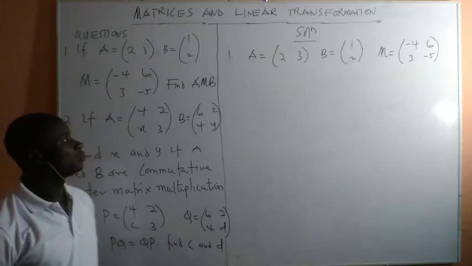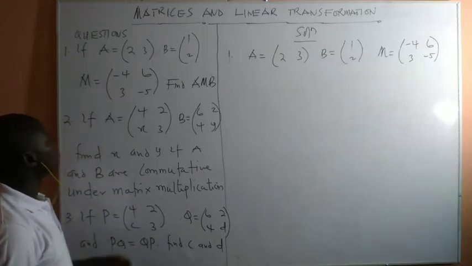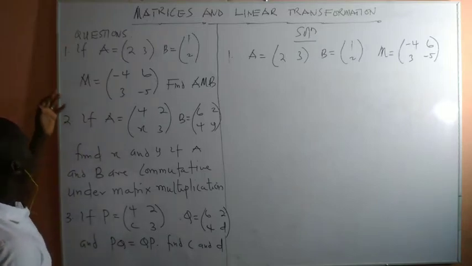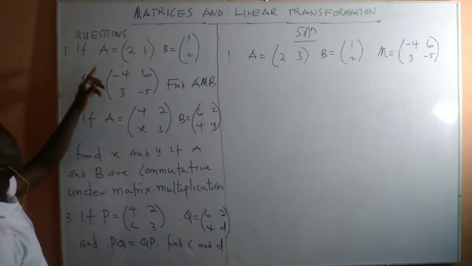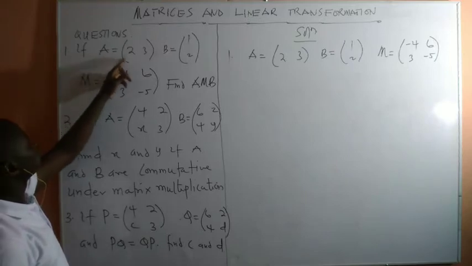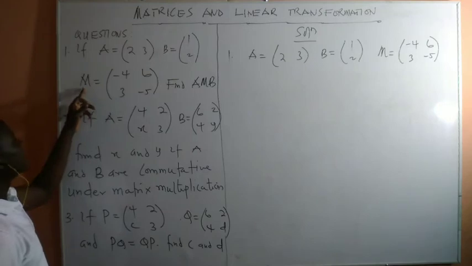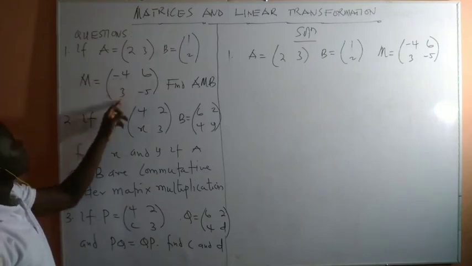On this particular episode, we are going to solve some questions. Now, these are the three questions we are given. Question 1: we are given matrix A to be [2, 3], matrix B to be [1, 2], and the matrix M to be [[-4, 6], [3, -5]].